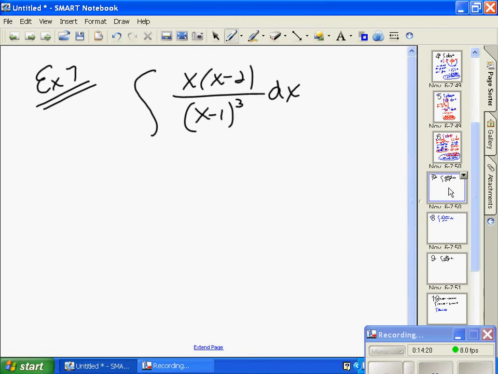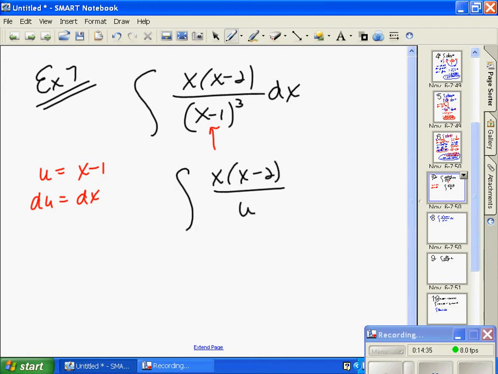Okay, so I'm going to look here and probably right there I'm going to let that be my u, x minus 1. So my du is the same as my dx. So if I were to substitute in right away, I would have the integral of x times x minus 2 all over u to the third du. Well, still, I have some x's there.